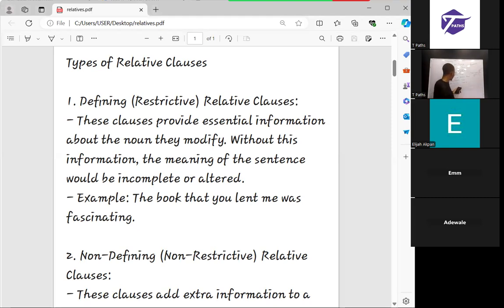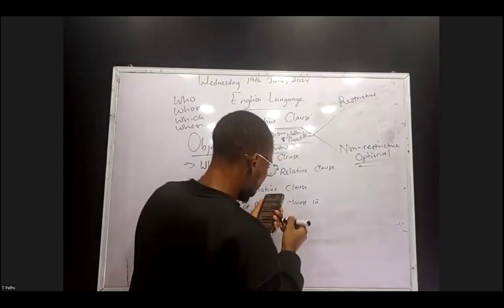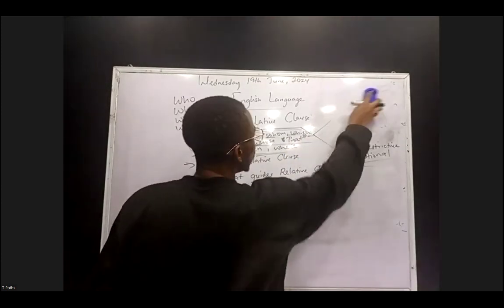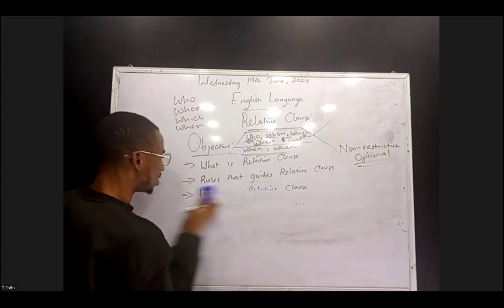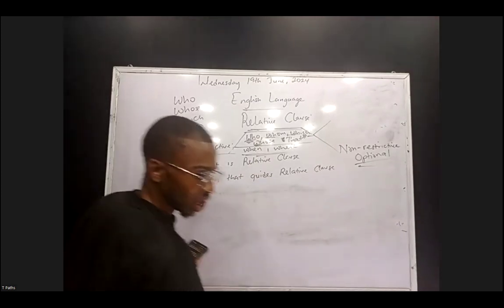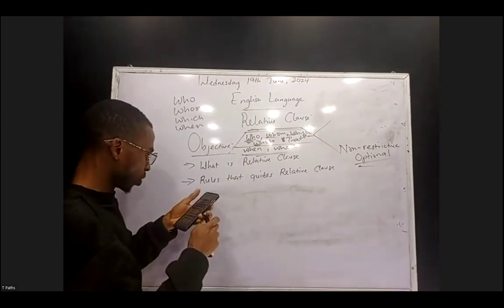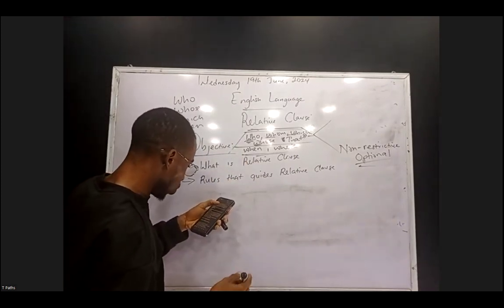You see a sentence like this. Let's look at these two sentences together before I move further, so you will know what I'm saying about the features and the form of the relative clause. The first sentence goes thus.